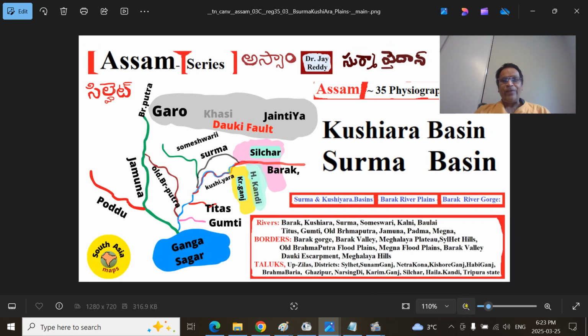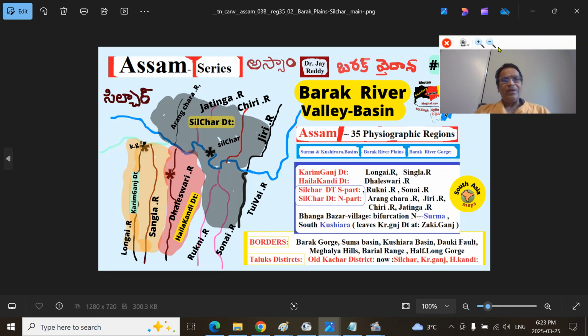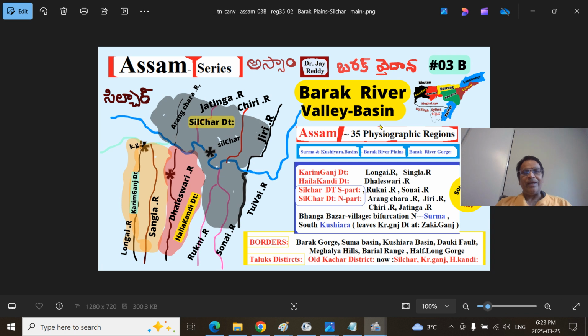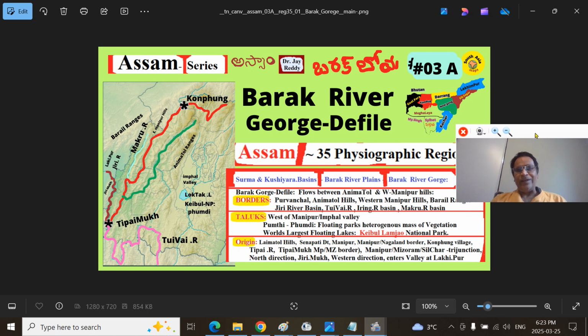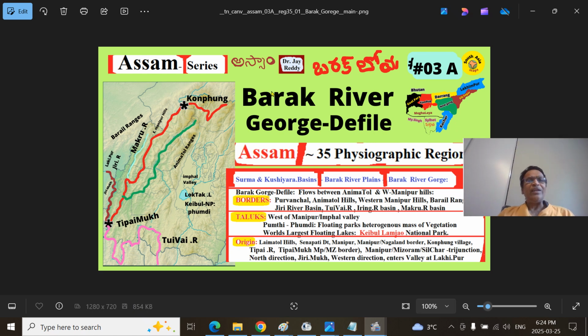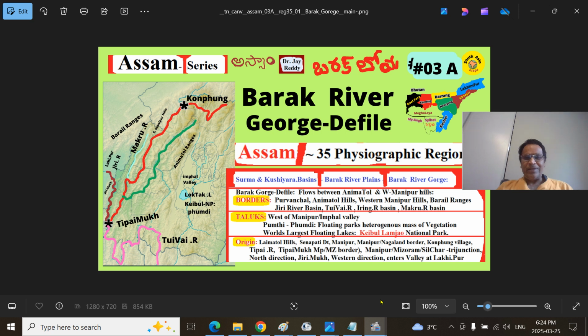If you didn't have the chance to look at, you can see I have posted here 03B, that is the Barak River Valley between Jirimukh Lakipur to Banga Bajar in Karimganj district. And before that, we covered the upstream region, Barak River Gorge, Defile Canyon region, from Kongpung to Jirimukh or Lakipur urban centers in Assam.